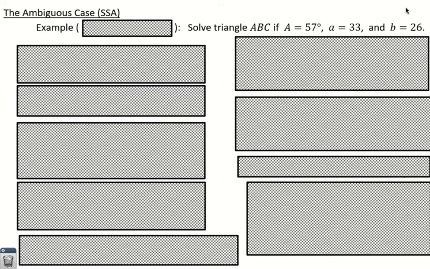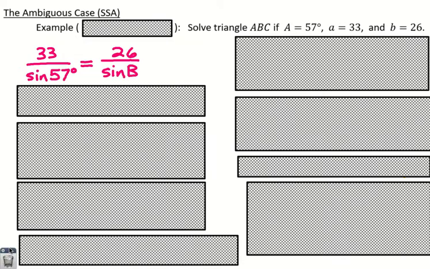Okay, well, here's something new. How many angles do we have given? Just one. So we can't start off the easy way like we were before, but it looks like we do have enough to make a proportion, because we have big A and little a, and we have little b, so I think we're going to be able to find big B.